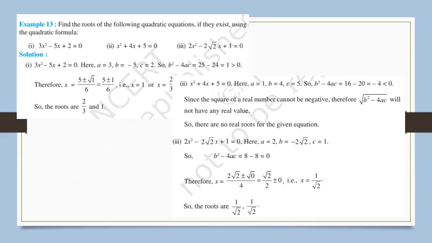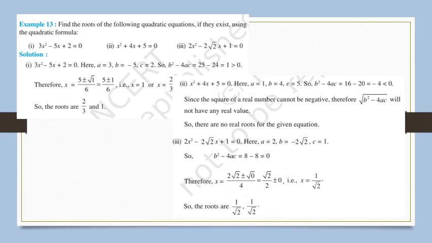In the third equation, first finding the values of a, b and c, and then finding the discriminant D, b square minus 4ac equals what? 8 minus 8 equals 0. This is one of the conditions. If the discriminant D equals 0, then the roots are what? Equal.